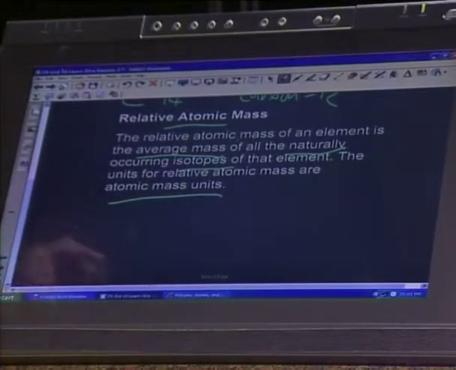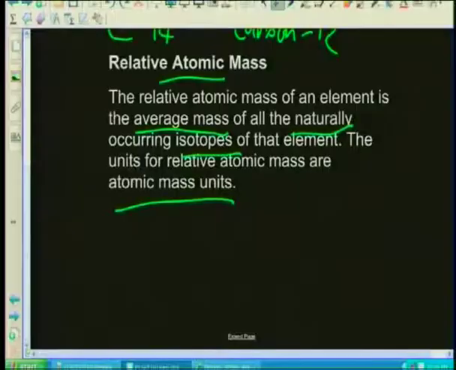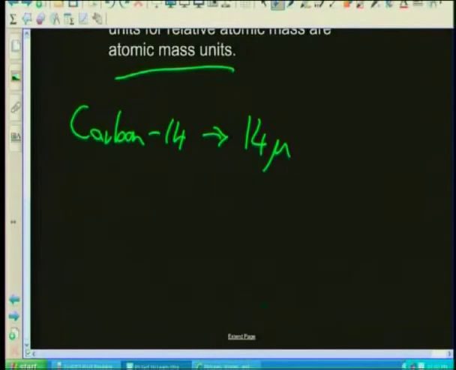So that's quite encouraging, because what we can say is, for example, that the mass of carbon-14 is 14 atomic mass units. The mass of carbon-12 atoms is going to be 12 atomic mass units.